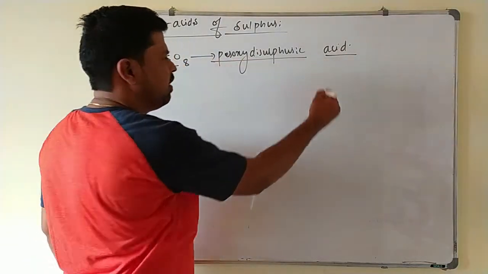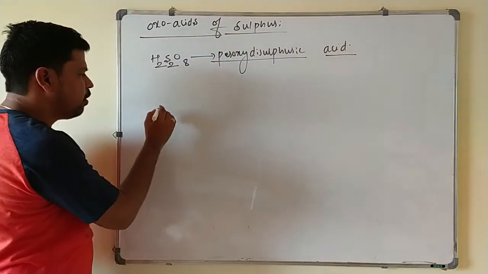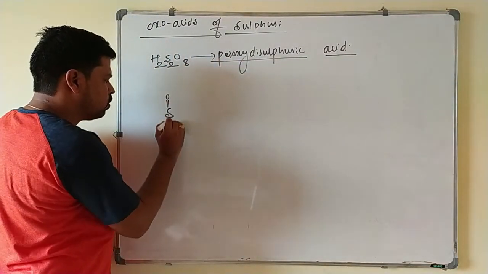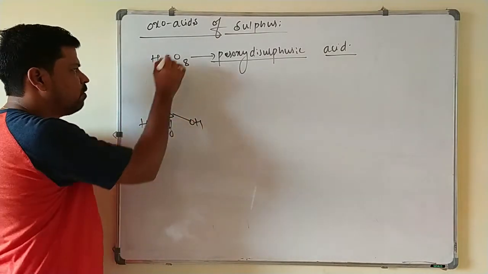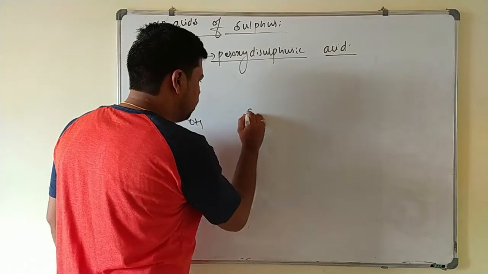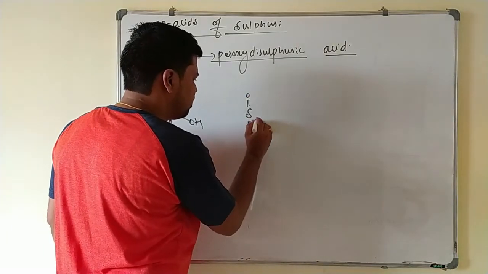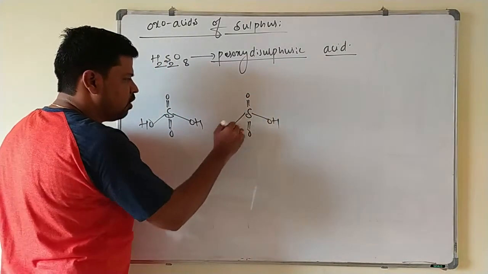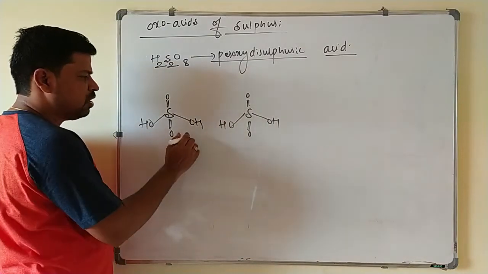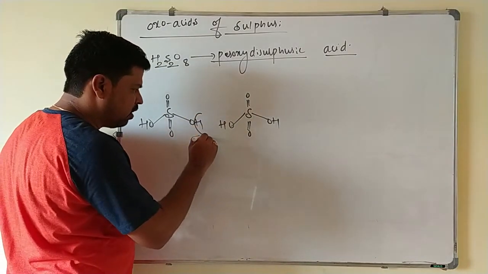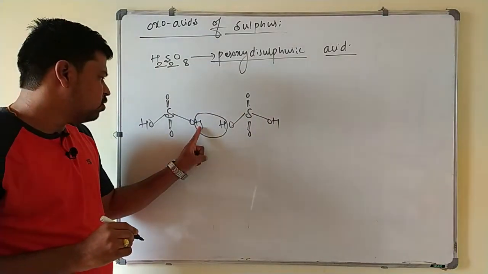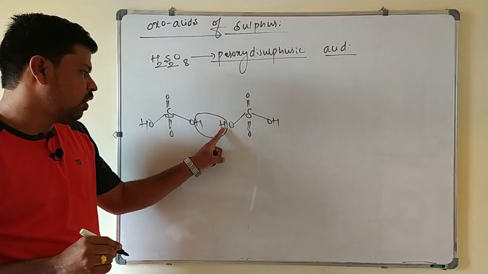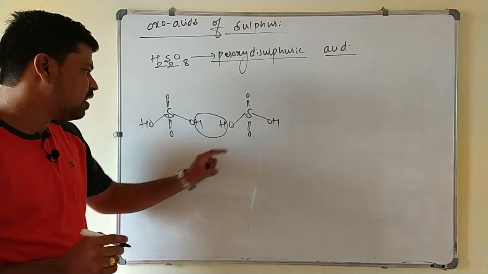Okay, in this one again you write the 2 moles of H2SO4 like this. In order to write the structure of peroxy disulfuric acid, you take 2 moles of H2SO4 like this. Just remove the hydrogen between the 2 sulfuric acid molecules. So here you remove one hydrogen, and here also one hydrogen, so that these 2 oxygens are connected here.